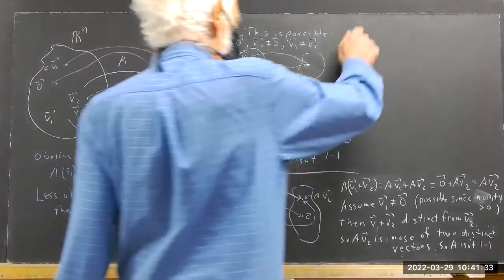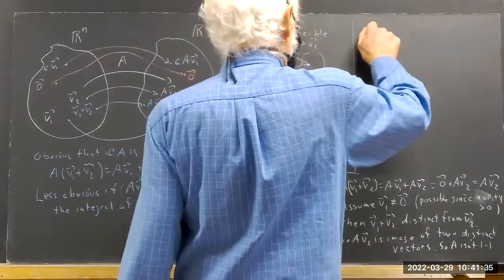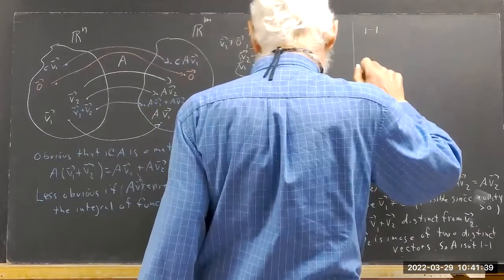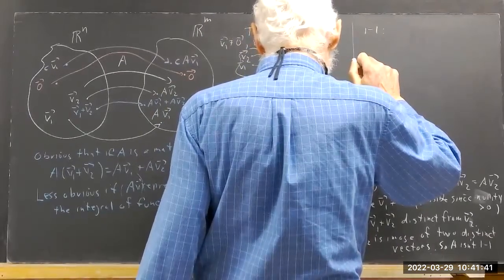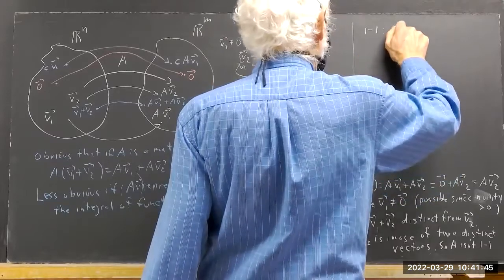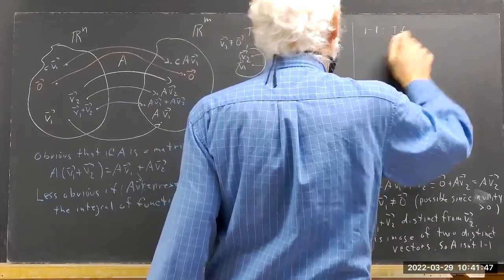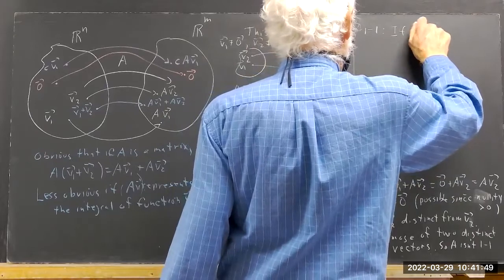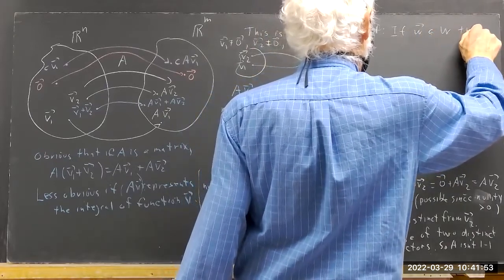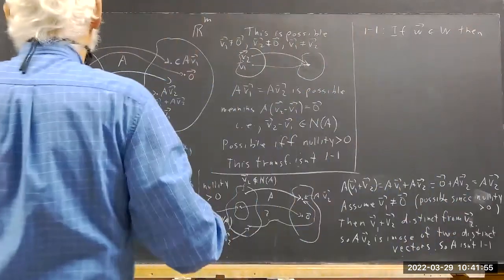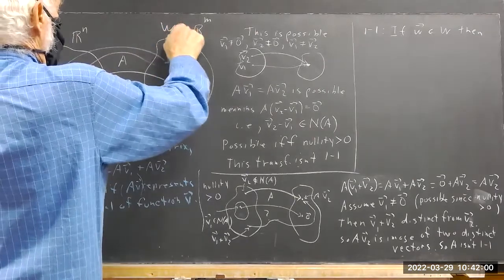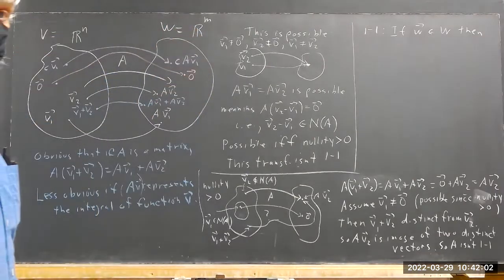Okay, definition of one-to-one. Let's also call this Z. They call this W because that's pretty standard notation.